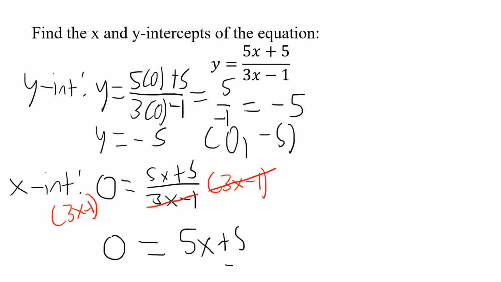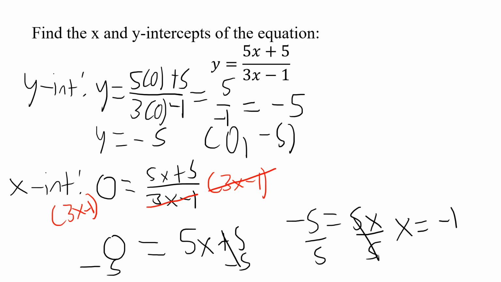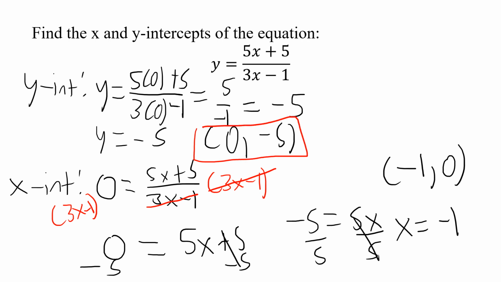So we're going to subtract 5, and we get negative 5 equals 5x. Then we're going to divide by 5, and x equals negative 1. So we have an x-intercept at (negative 1, 0). So our y-intercept for this problem was at (0, negative 5). And our x-intercept for this problem was at (negative 1, 0).